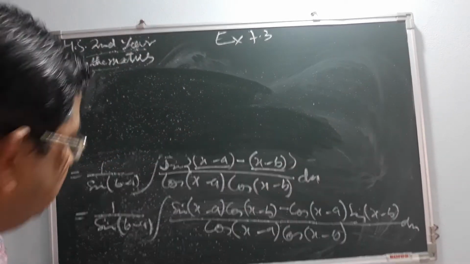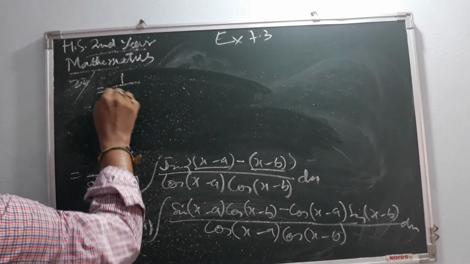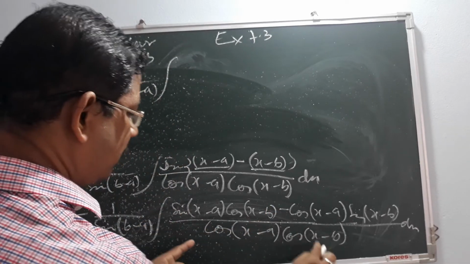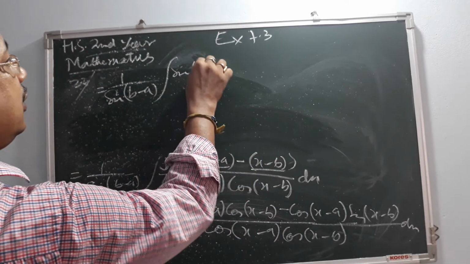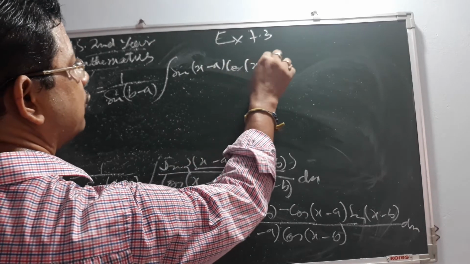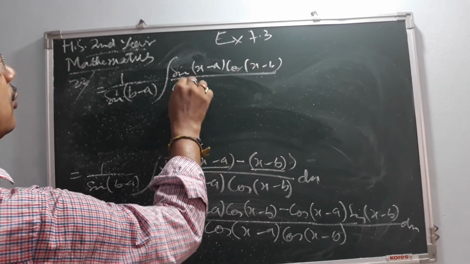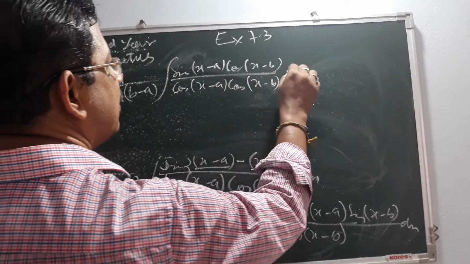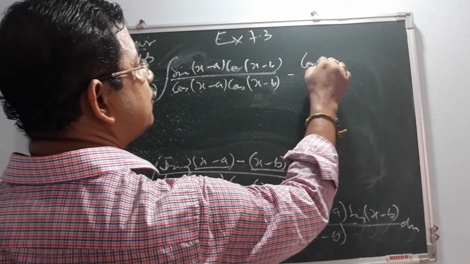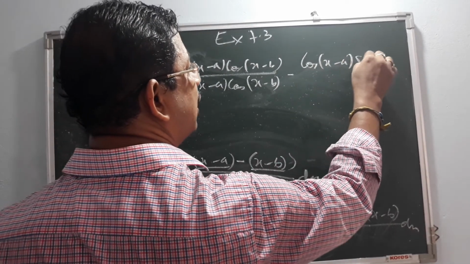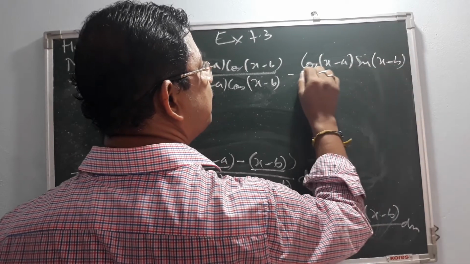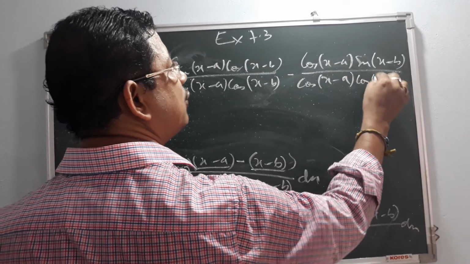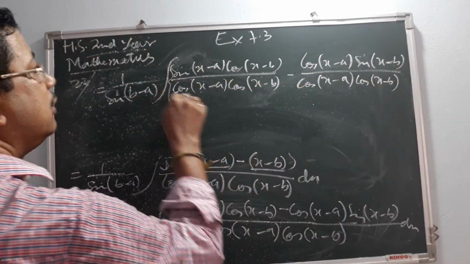Now we will break this one. If we break, then we will get 1 by sine b minus a integration of sine x minus a cos x minus b divided by cos x minus a cos x minus b, minus cos x minus a sine x minus b divided by cos x minus a cos x minus b, and whole thing dx.